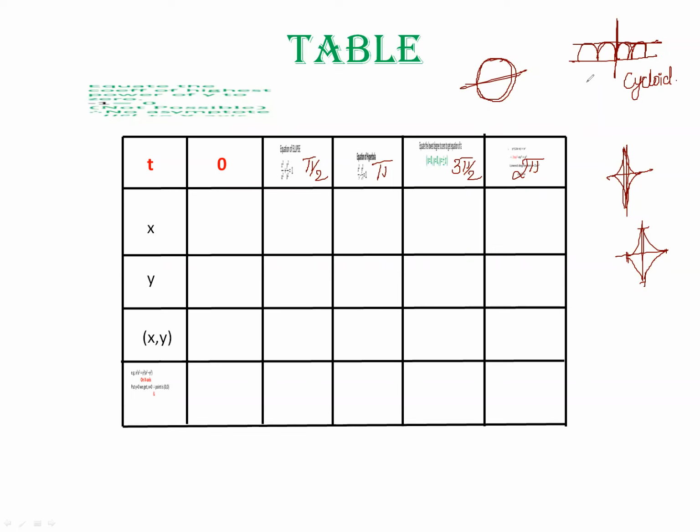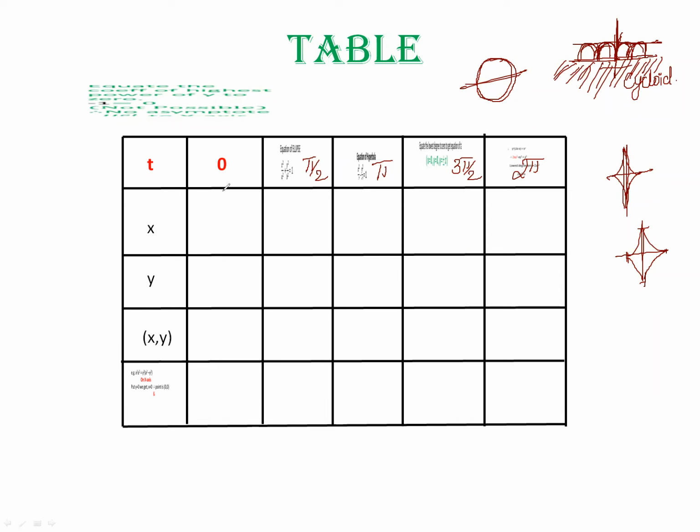Actually, what are cycloids? Cycloid means it is a cycle, but we are taking the upper part to trace the curve. Below this, we are not getting any type of curve or any region to trace a curve.